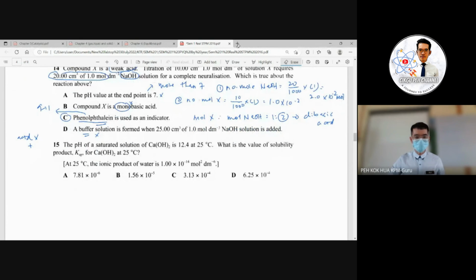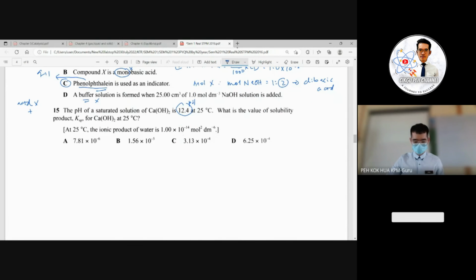Question 15. The pH of a saturated solution of calcium hydroxide is 12.4 at a temperature of 25 degrees Celsius. What is the value of the solubility product Ksp for calcium hydroxide? Okay, so we need to give the equation first.